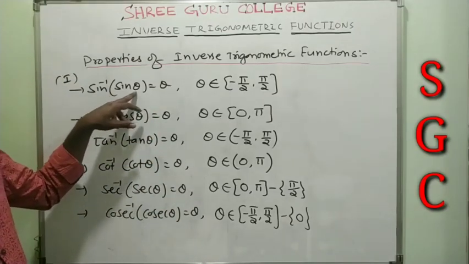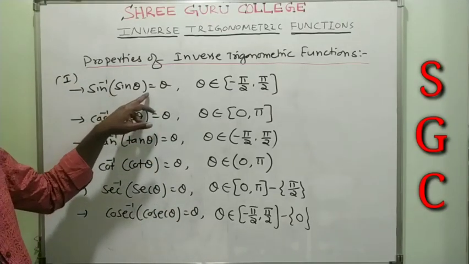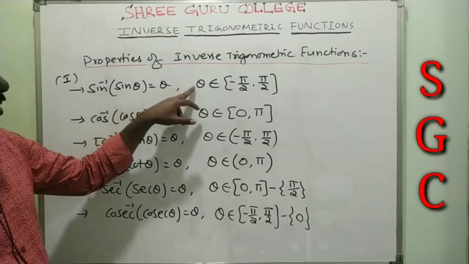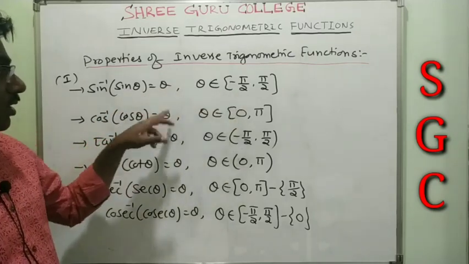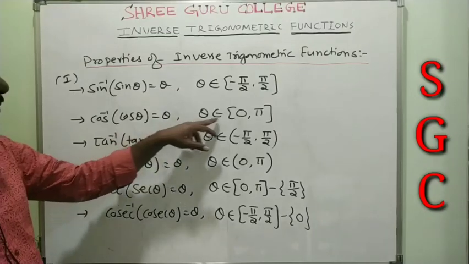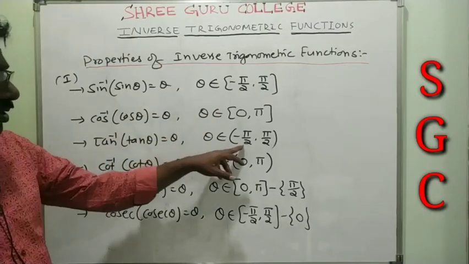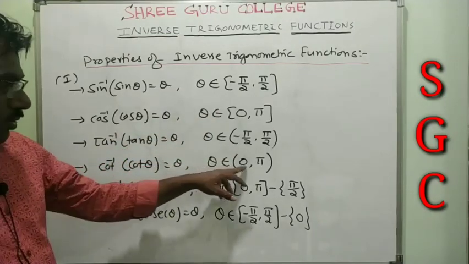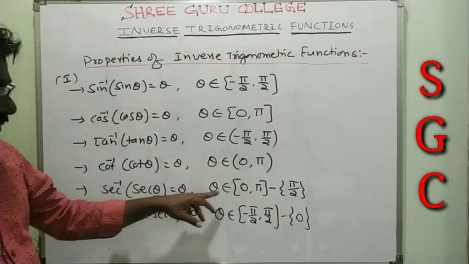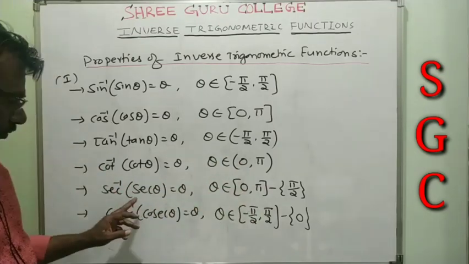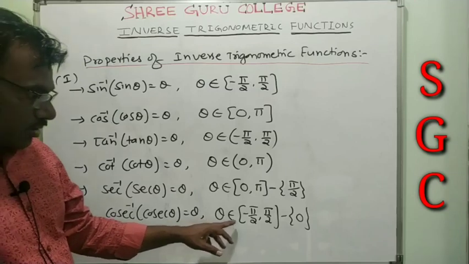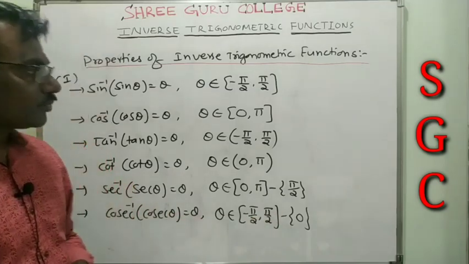Sine inverse of sine theta, these are all range only. The range is restricted: minus 90 to plus 90, 0 to pi, 0 to pi other than pi by 2, and theta minus 90 to plus 90 other than 0.